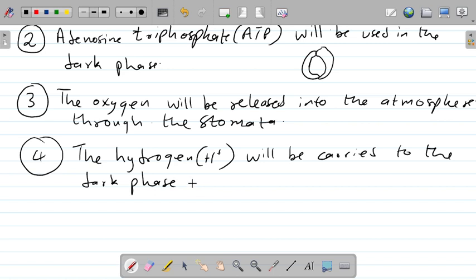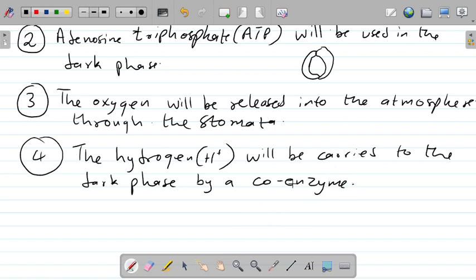The hydrogen will be carried as well. It's the cross that needs to be carried. It will be carried to the dark phase by a coenzyme.